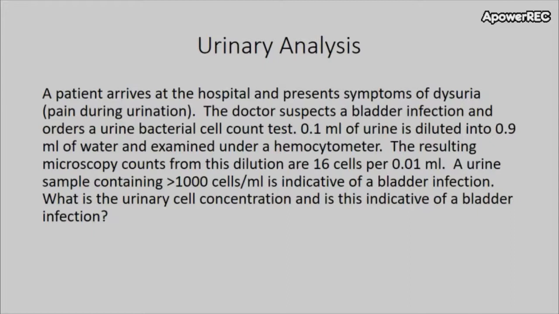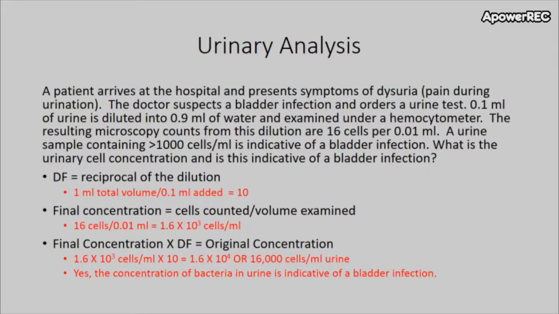And remember, you're always going to take the number of dilutions you have, turn it into a dilution factor, and then calculate how many cells you have per milliliter, not per 0.01 milliliters, not per liter. Concentration is going to be per milliliter. So if you're given less than a milliliter, then you can just include that in your dilution factors, and we'll see how that plays out here.